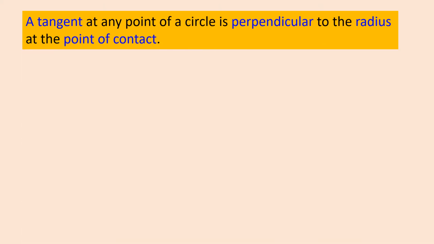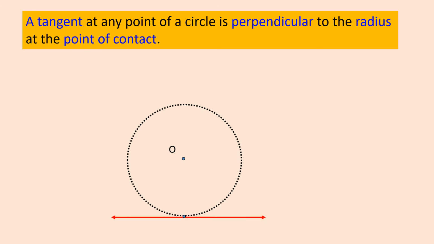Now we will learn what happens when a tangent is drawn in the plane of a circle. A tangent at any point of the circle is perpendicular to the radius at the point of contact. So let us see here, a circle with center O and a line AB drawn at point P on the circle. The line is a tangent here, so we will draw the radius.